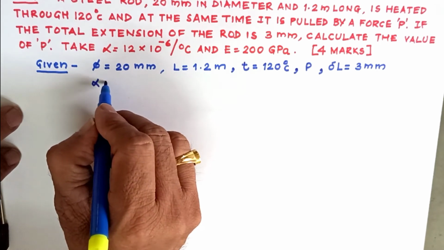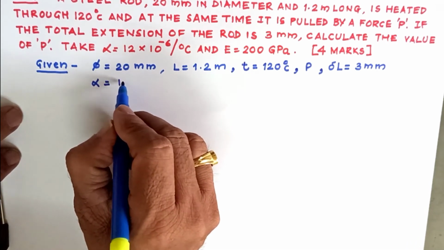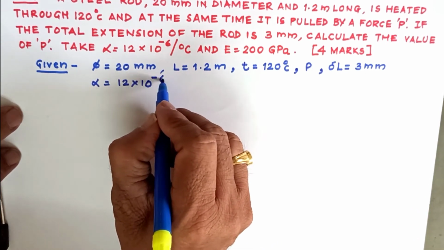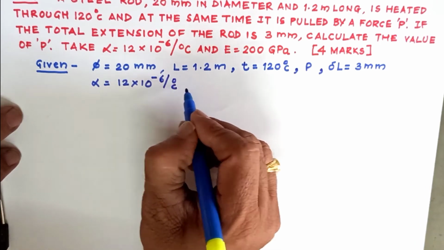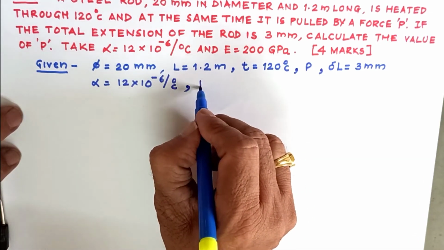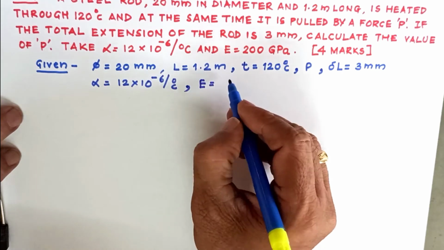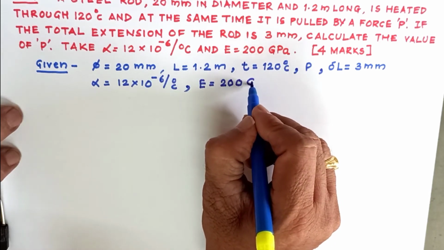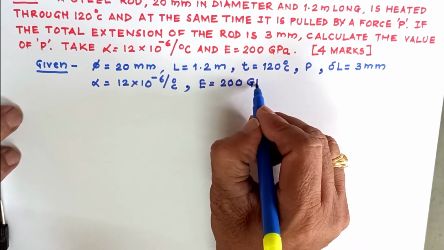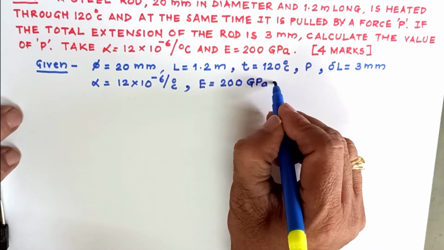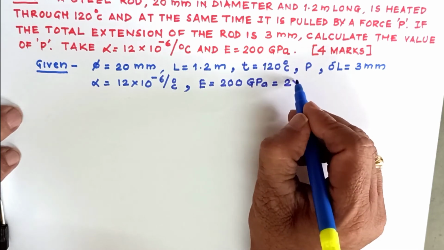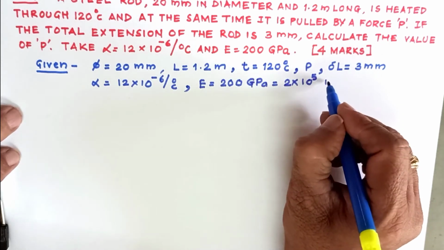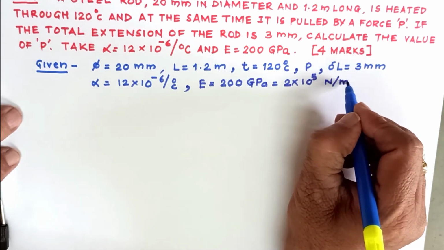Value of thermal coefficient is given, 12 into 10 to the power minus 6 per degree Celsius, and E is also given, that is 200 GPa. 200 GPa means 200 kilonewton per mm square, means it will be 2 into 10 raised to 5 Newton per mm square. So these are the things given in this problem.